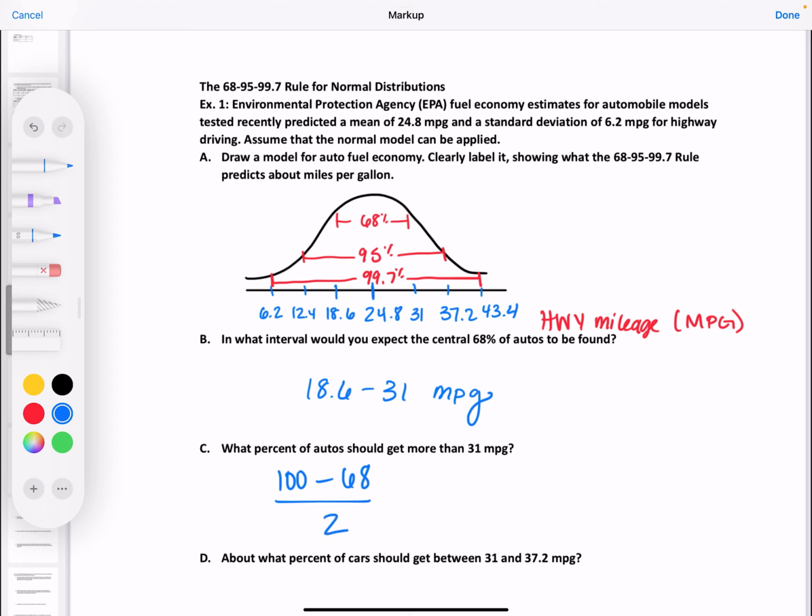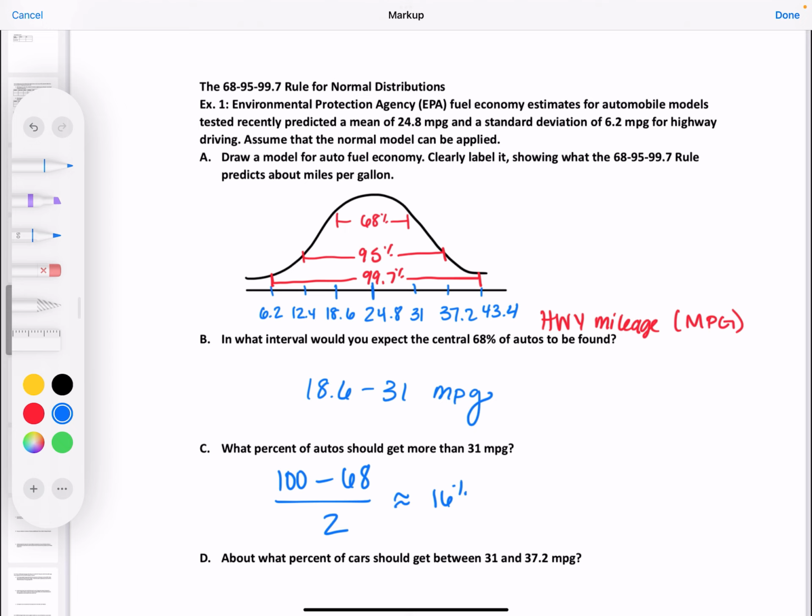16. So that's going to be approximately 16%. Obviously give or take a little bit. I know it's a little bit weird, but you have to remember what chunk of your data you are looking for.